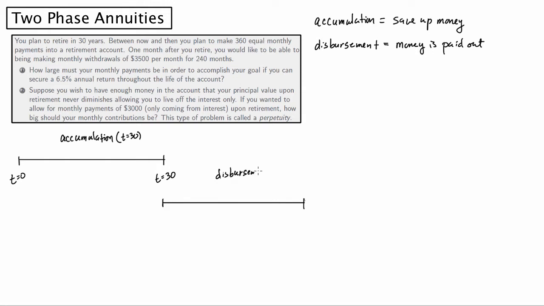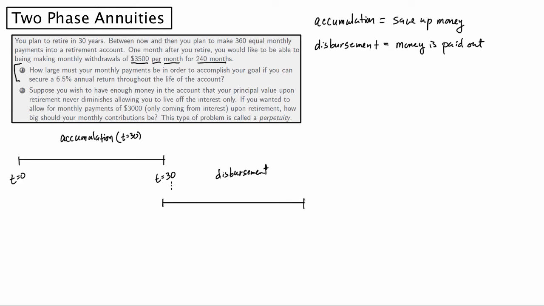And depending on which problem we're looking at, the disbursement phase looks a little different. For problem 1, it's just basically asking that I'd like to be able to make monthly withdrawals of $3,500 per month for the next 240 months.